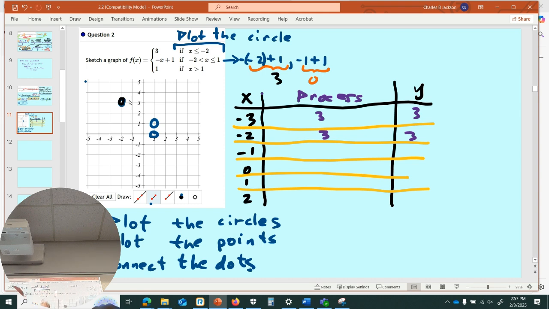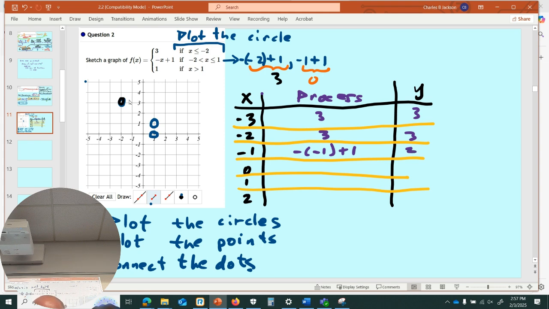Negative 1 is between negative 2 and 1, so it's the middle rule that holds. And so it's going to be negative of negative 1 plus 1, which is 2.